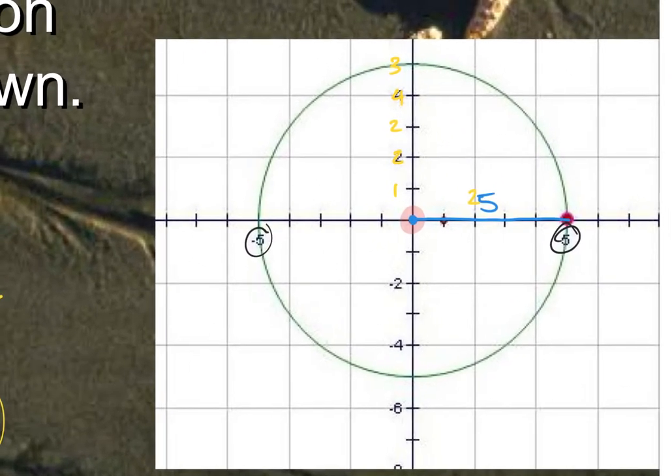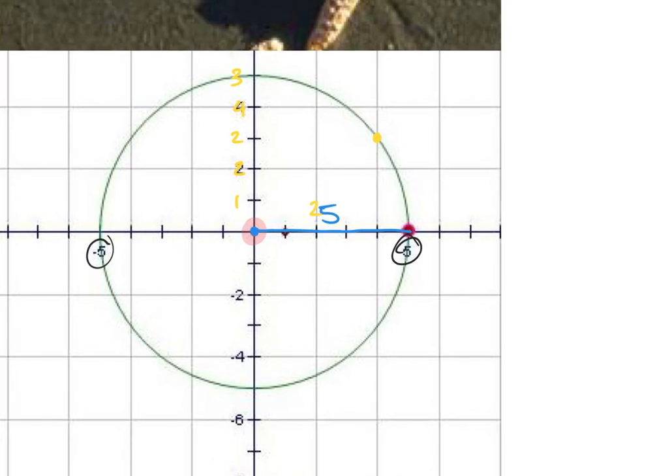So do you see how this is a point on our circle? Right? And it's around x is equal to, at this point, 4. And what's y equal to? 3, right? Approximately. Around there, okay?